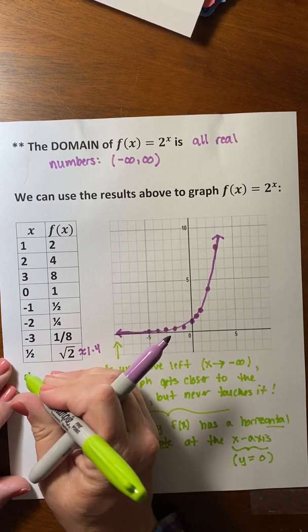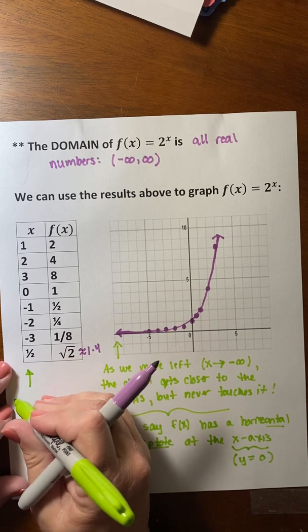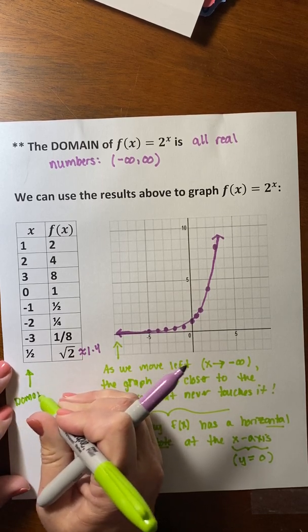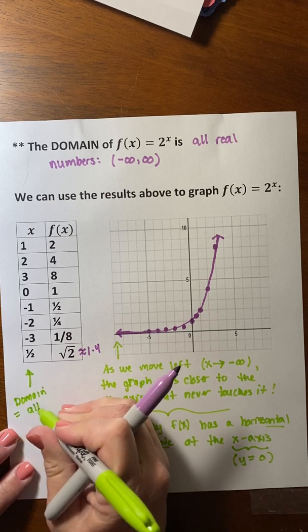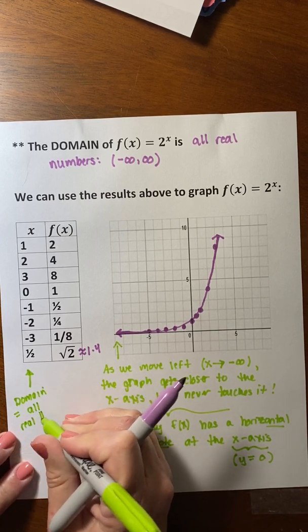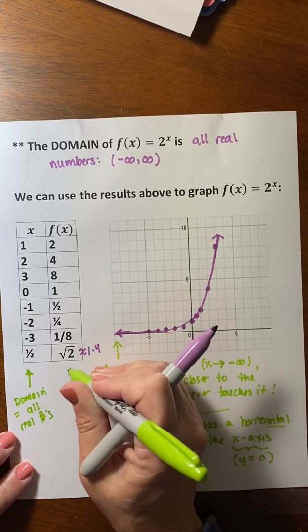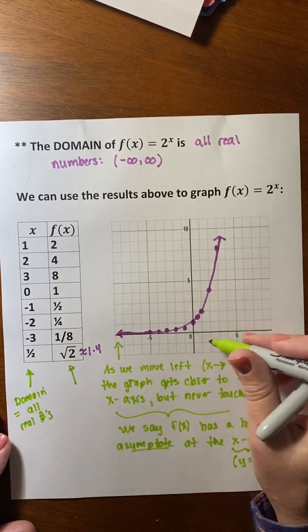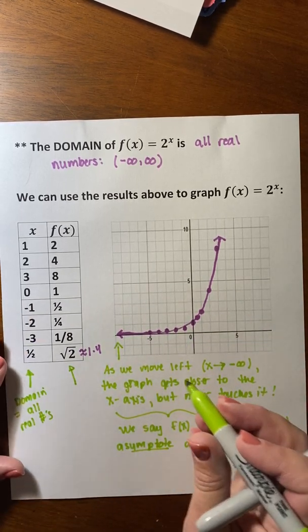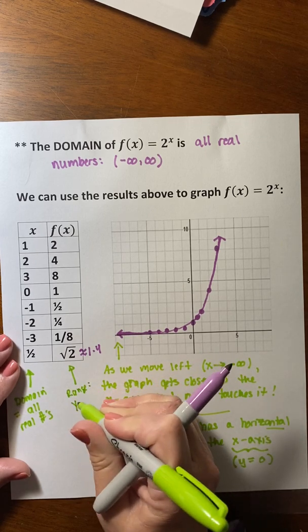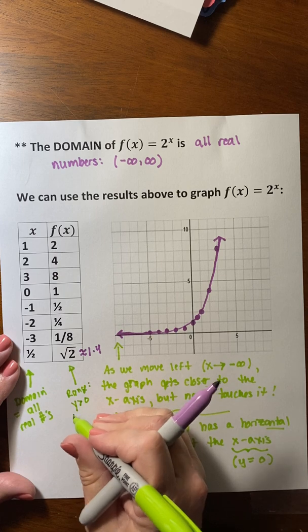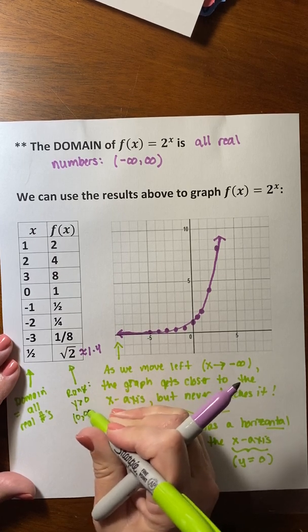The domain is our allowable set of inputs, and we can put anything in for x in the exponential function y = 2 to the x. But notice, no matter what we put in for x, all my outputs fall above the x-axis. So the range, all my y values are greater than 0, and we would write that as an open interval from 0 to infinity.